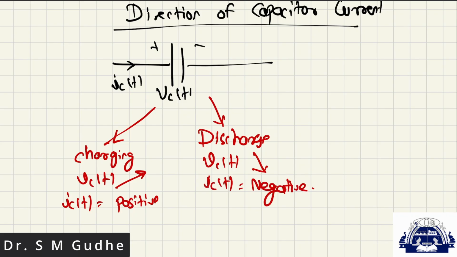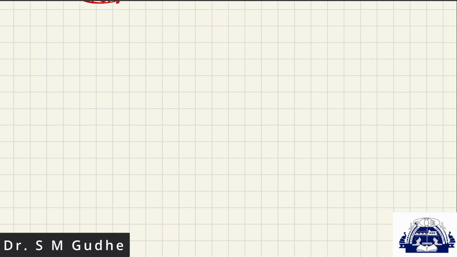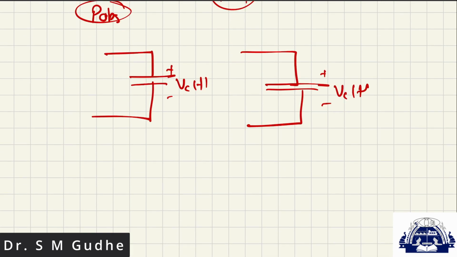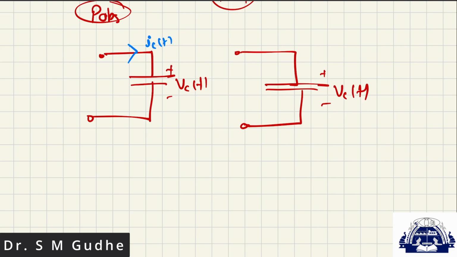Here power is getting delivered, here power is getting absorbed. This is the concept. The property of a capacitor is that it will not allow a change in voltage polarity. During charging, the capacitor current IC of t is okay, but during discharging, if we take IC of t like this, current is leaving from the positive polarity, and power is already getting delivered.